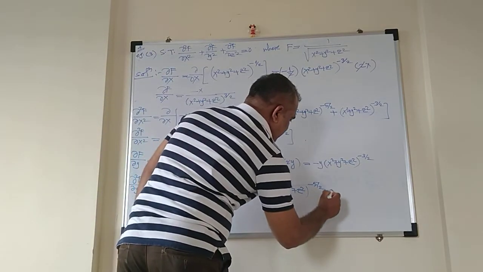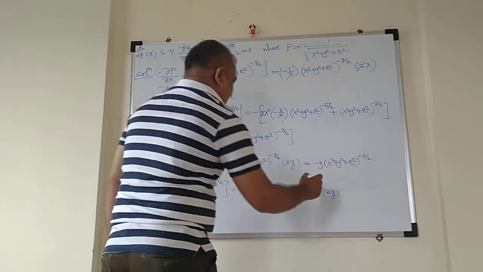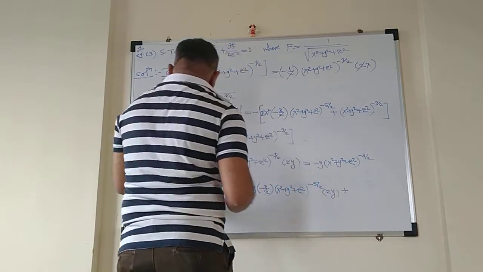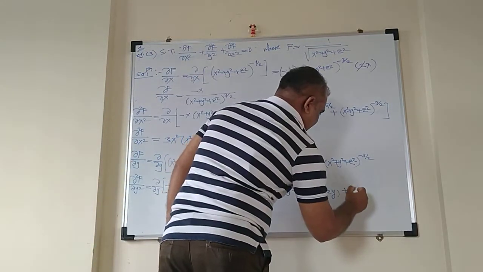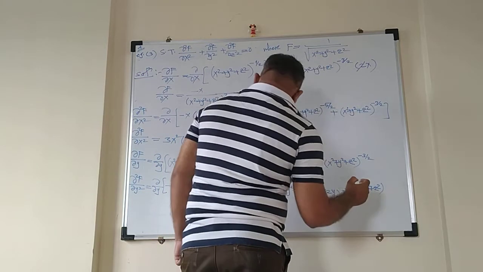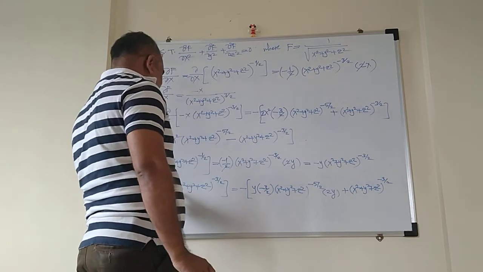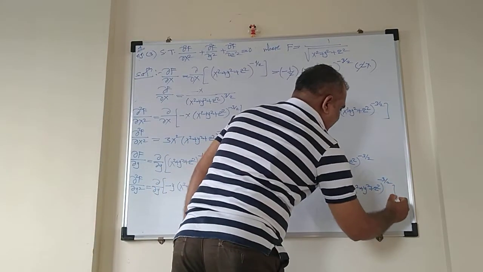So let me write this 2y here. So first function into differentiation of second plus second function into differentiation of first. So second function x square plus y square plus z square raised to power minus 3 by 2 into differentiation of the first function, which is 1.